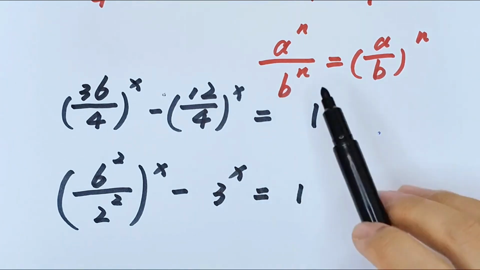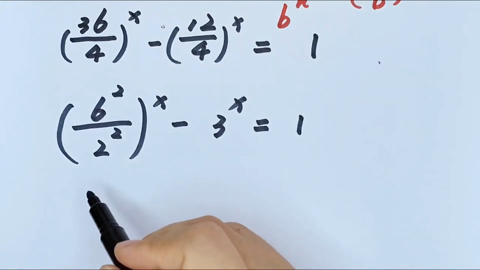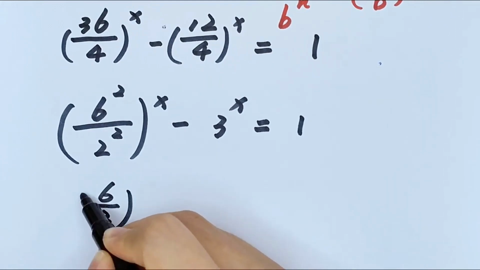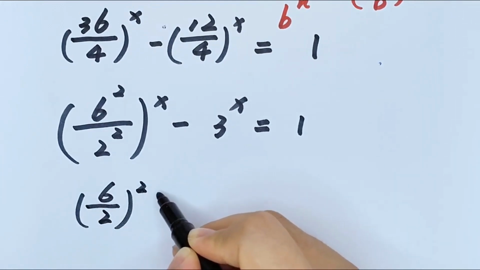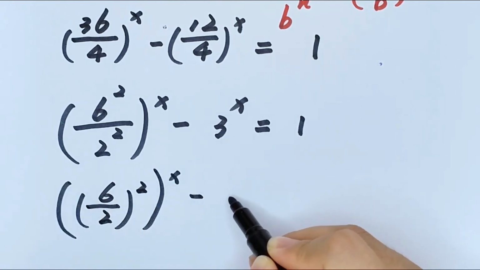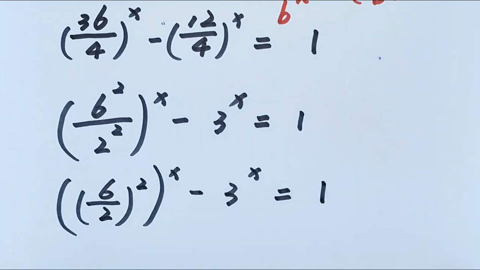Now we apply this formula, so it will be (6 divided by 2) to the power of 2, to the power of x minus 3 to the power of x equals 1.